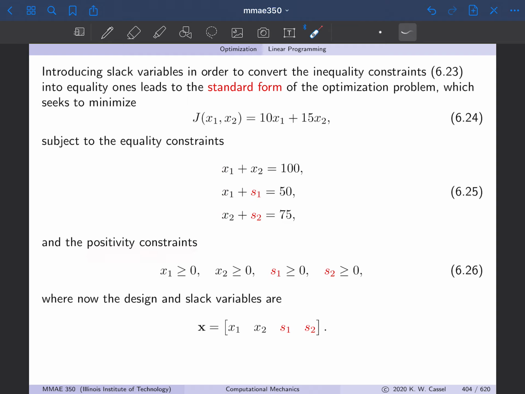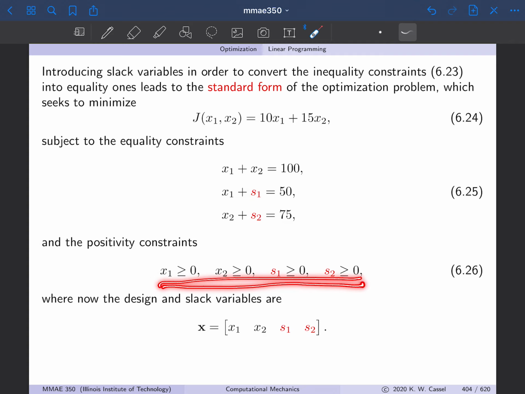And don't forget the positivity constraints. We had the original 2 for x1 and x2 having to be positive, and now we also have them for s1 and s2. They also have to be positive, because if s1 or s2 is negative, then we would have something that doesn't satisfy the original inequality constraint. So we now have 4 variables.